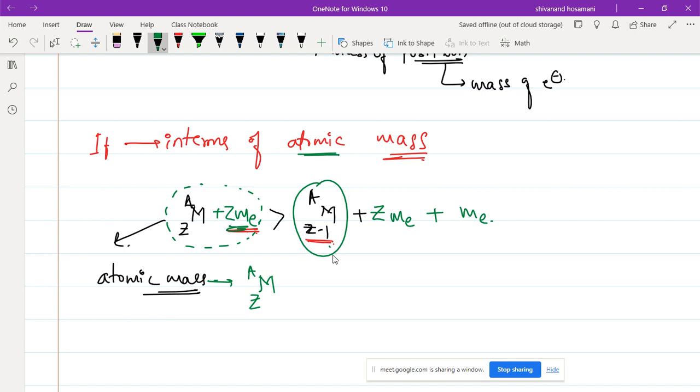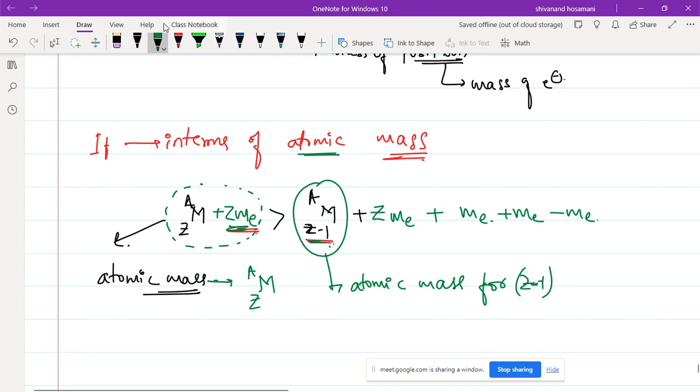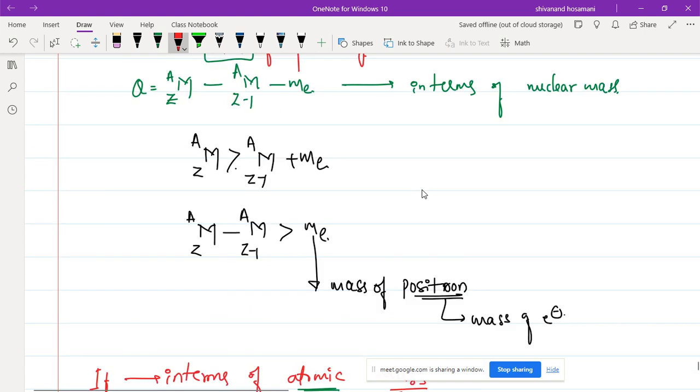Here, if I want to treat this as the mass of the atom, for z minus 1 I need to add z minus 1 electrons. Therefore, add and subtract one electron here. Okay, so conserve this because here z times me, here also z times me. So me is already there on the right side according to this equation, right?